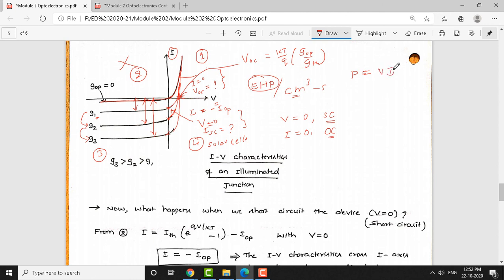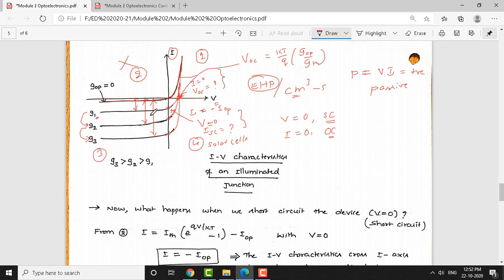In the first quadrant, V is positive and current is positive, so the VI product is positive, and it acts like a passive device. Whenever you apply forward bias, it consumes from the source; it does not source the circuit. It draws power from the source.